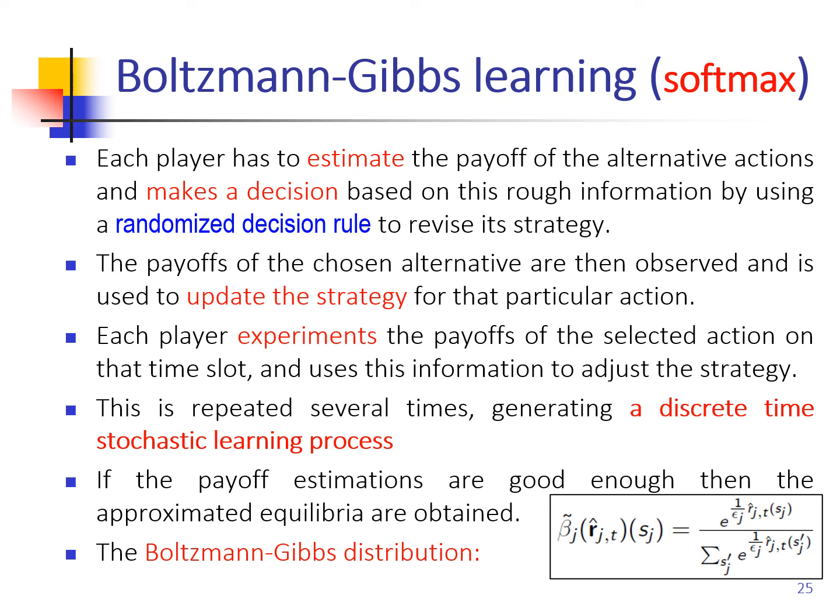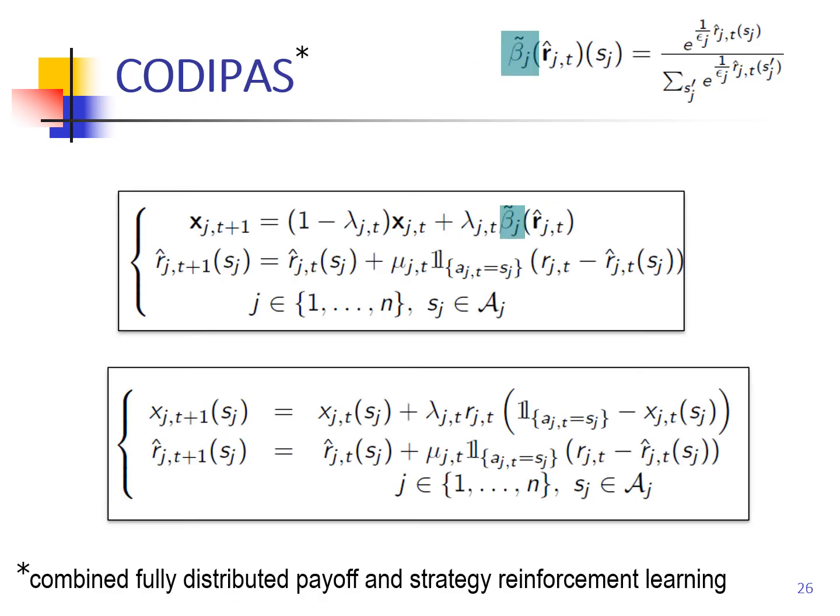If you plot this distribution, you will see how it evolves as you vary this temperature parameter epsilon_j. So just keep this in mind, because we will come back to it. This is what we mean by a Boltzmann-Gibbs distribution, and of course this will be the solution to most of the games that we will be looking at.